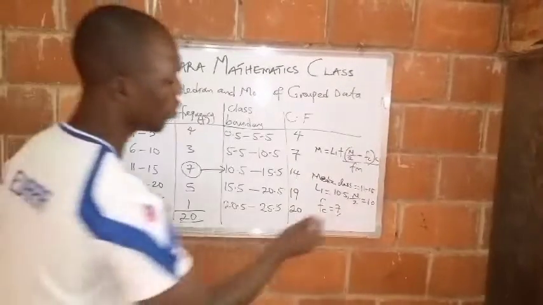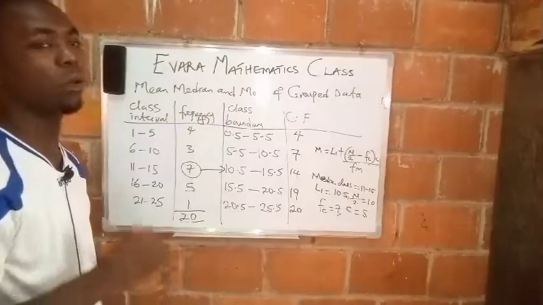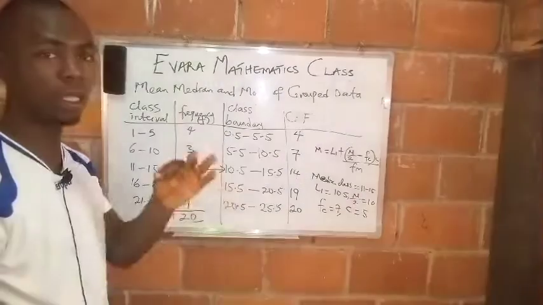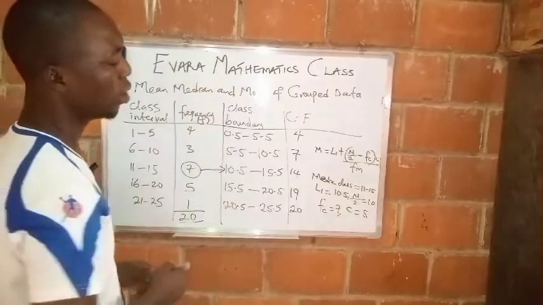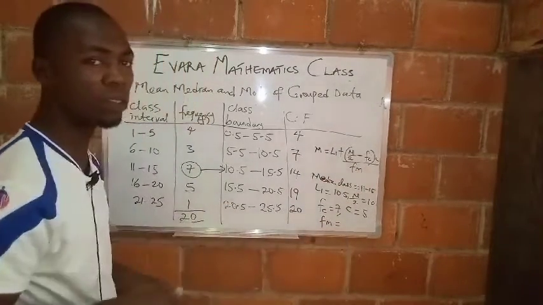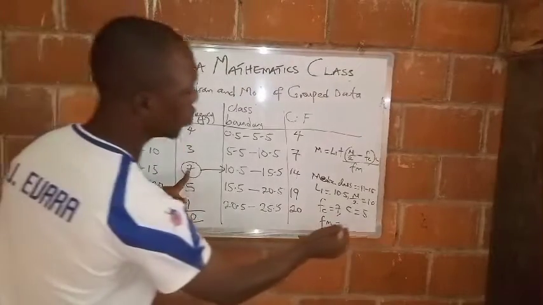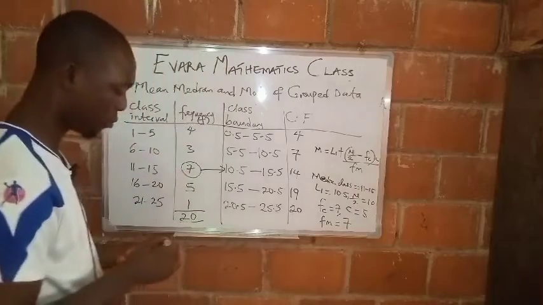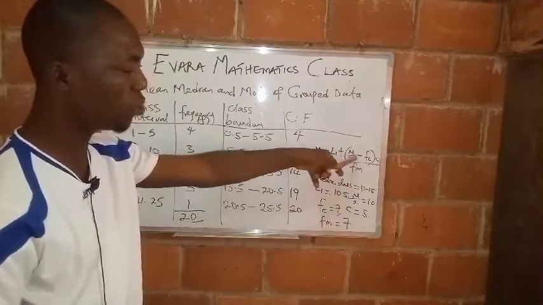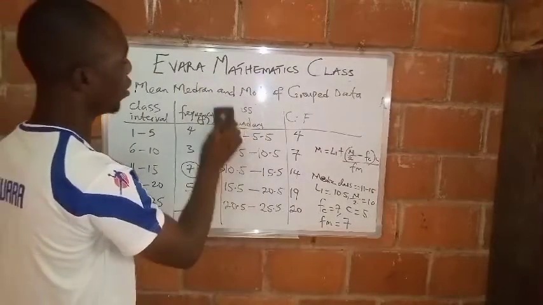You get 5, so the class size is 5. If you have a class interval of 1 to 10, you just count 1 to 10, and your class size will be 10. Then FM means frequency of the median class. The frequency of the median class is 7. So what we need to do now is to substitute all these values into the formula and see what we have.